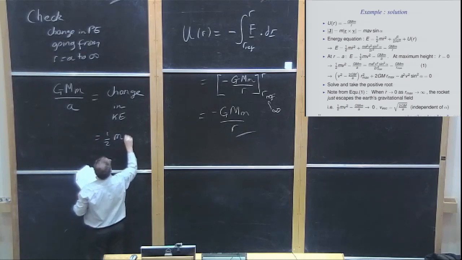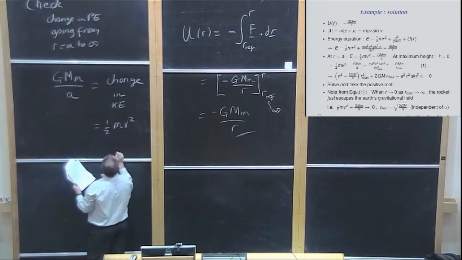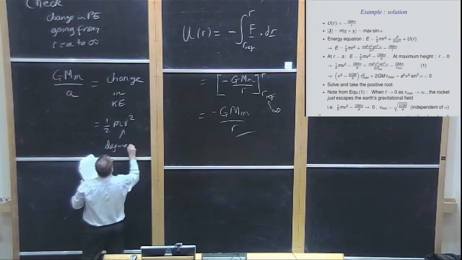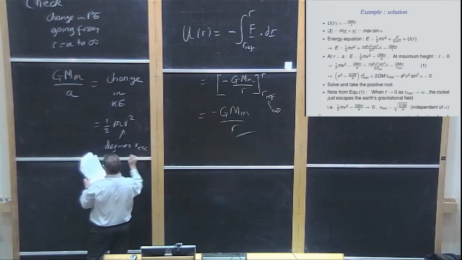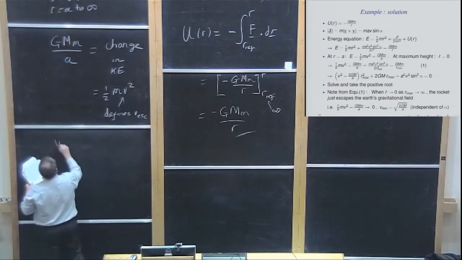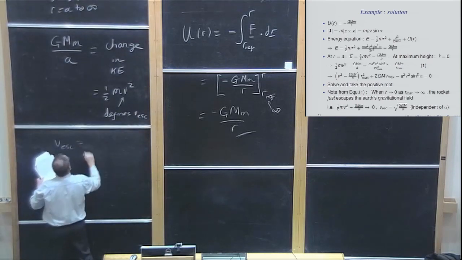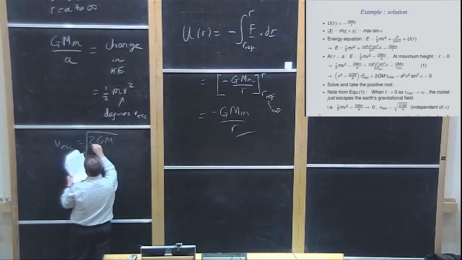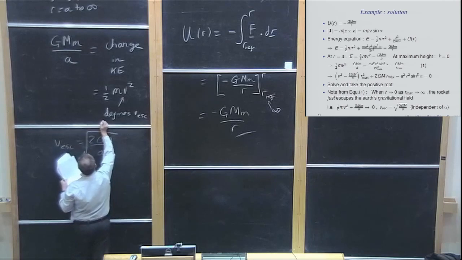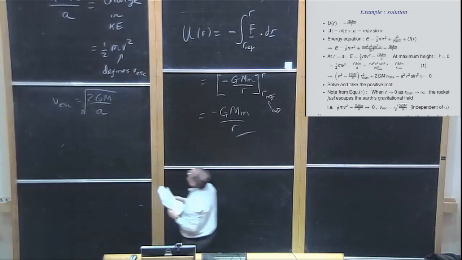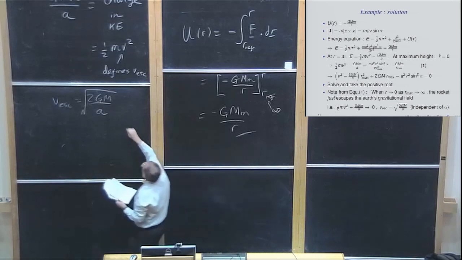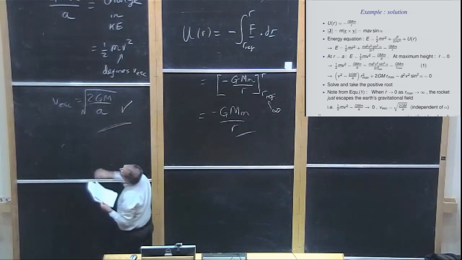So I write a half m v squared. This defines the escape velocity. And again, from solving this, you see that the escape velocity is the square root of 2G big M over a, which is what we got from this exercise earlier.